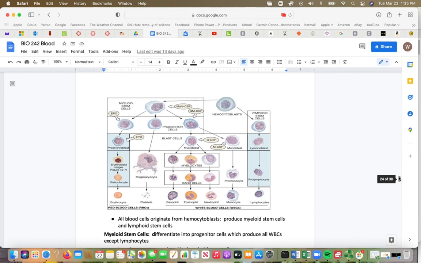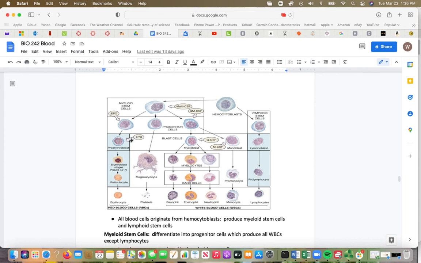So again, when we look at the blood cell formation here, you're going to have your myeloid or lymphoid stem cells. The lymphoid stem cells make your lymphoblasts, which make your lymphocytes. Everything else is going to come from a myeloid stem cell: your erythrocytes, the platelets, basophils, eosinophils, neutrophils, or monocytes.